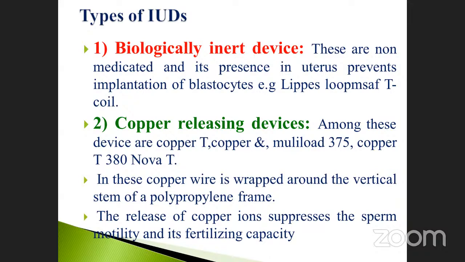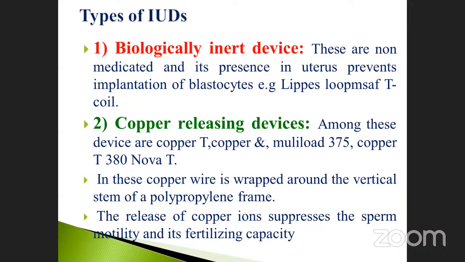This biological device is used for the prevention of implantation. What is the meaning of implantation? After fertilization, the egg is fixed to the endometrium, isn't it? This can be easily prevented by using these devices, so pregnancy will not be possible. Okay, this is the first category.